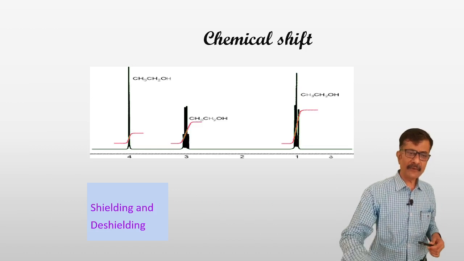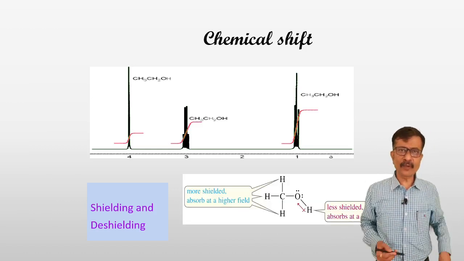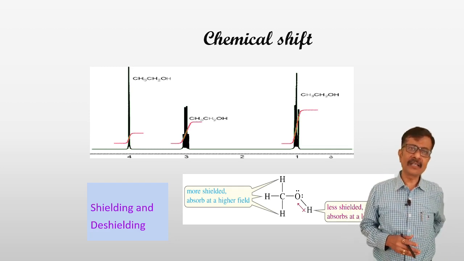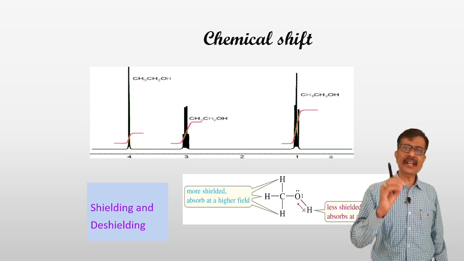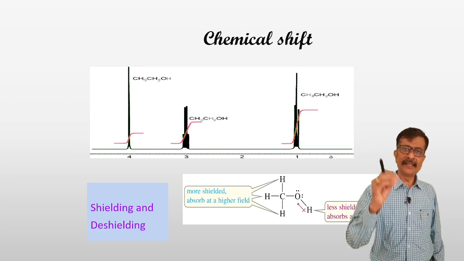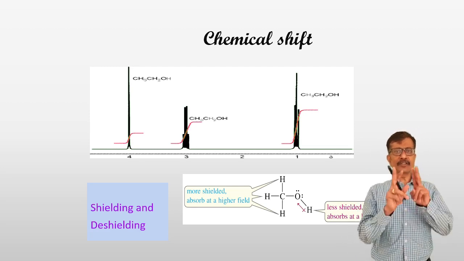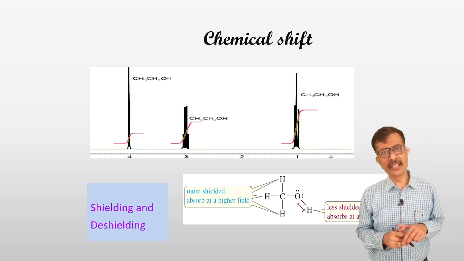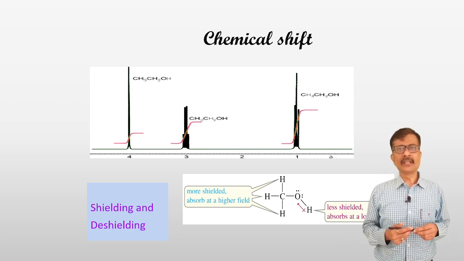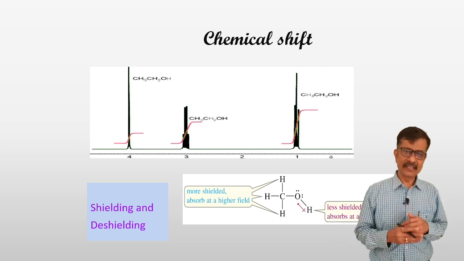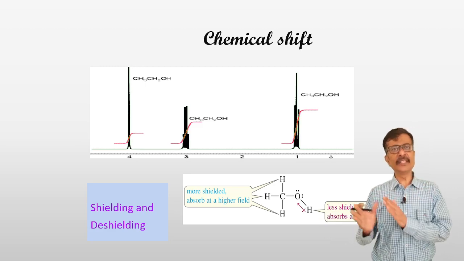Now how does it happen? What is responsible for chemical shift? This is one of the important parameters in NMR to identify what kind of functional group is present in a particular molecule. See here, there are two major parameters used in NMR for identification of the molecule or illustration of the structure: chemical shift and spin splitting.